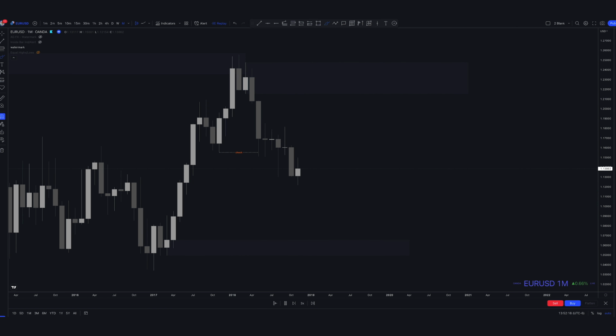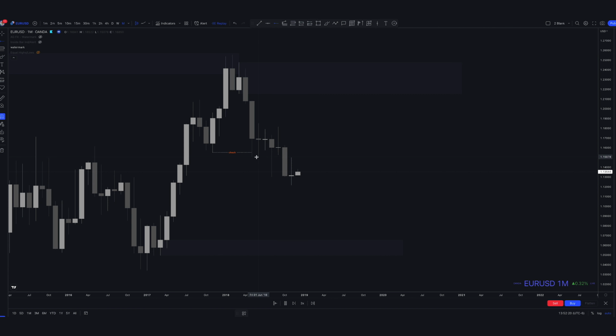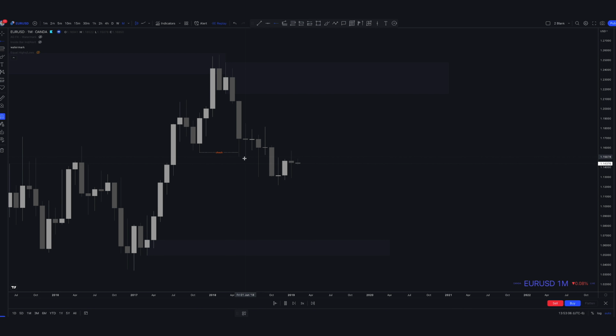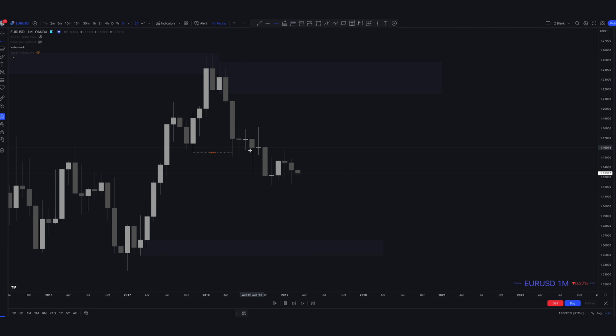Okay, continuing here, same thing. As you can see, this candle broke below this, so this would be the first candle that didn't break. Now this candle broke below this, and it pulled back and broke above that one.